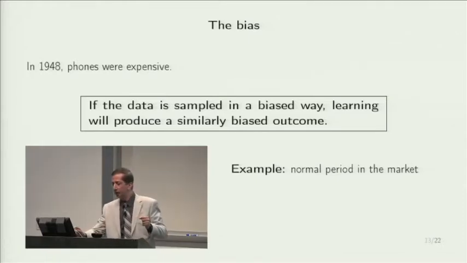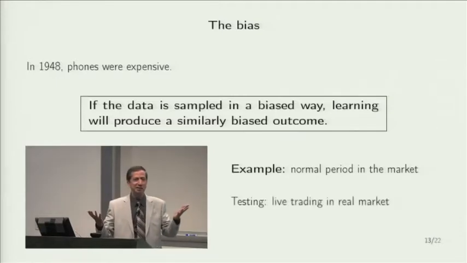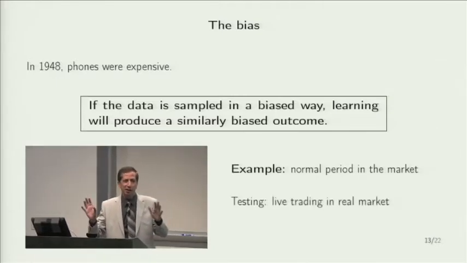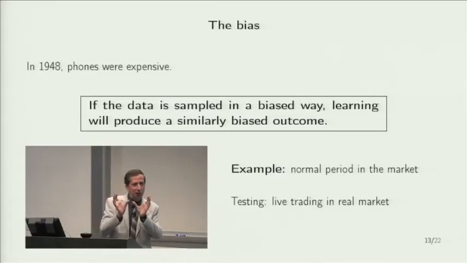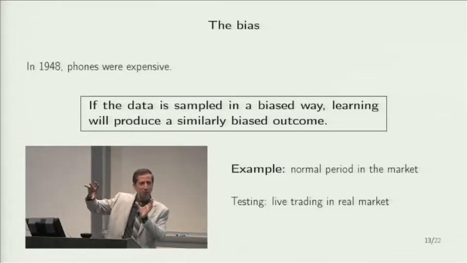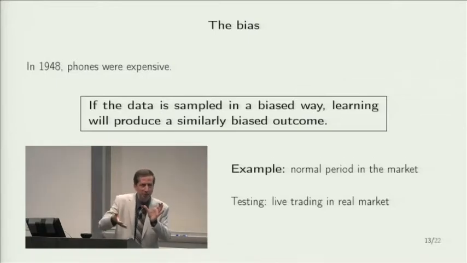And you deploy it, and when you test it in the real market, you realize that now there is a sampling bias. In spite of the fact that you were very happy in sample, you actually forgot a part of the market, and you don't know whether that part will be terrible for you, great for you, or neutral for you. You just don't know. That's what sampling bias does.